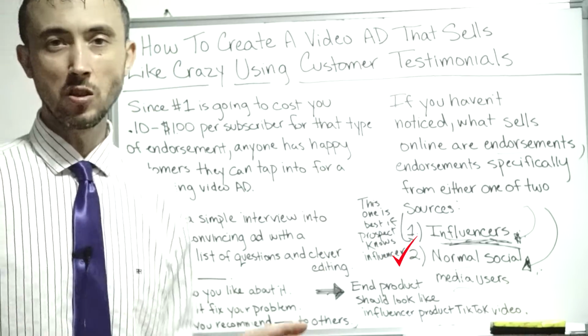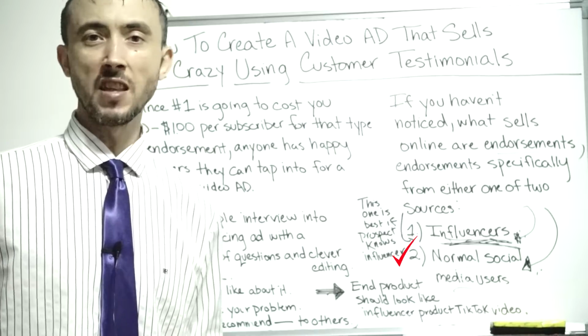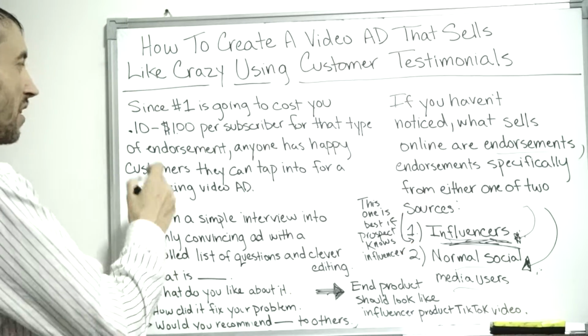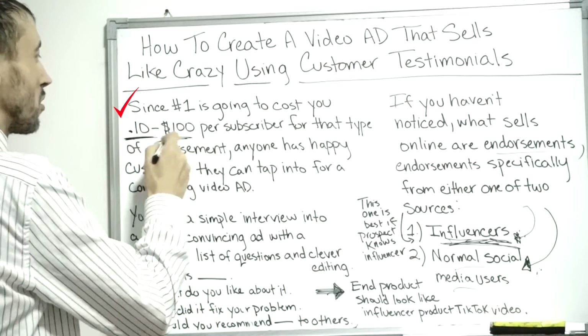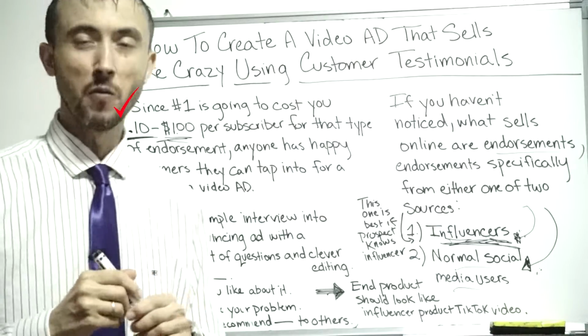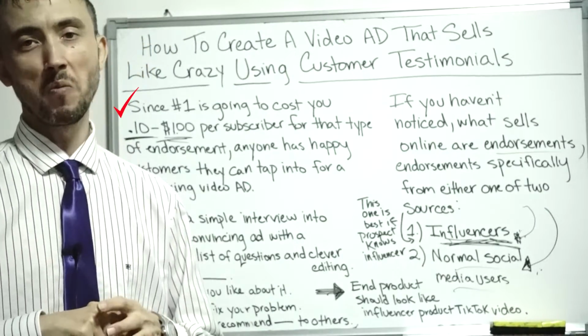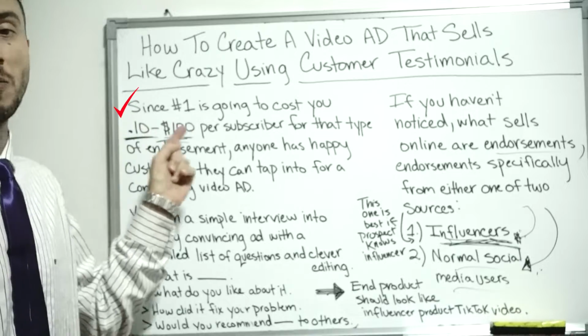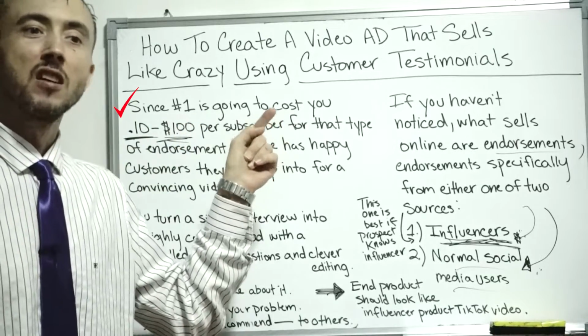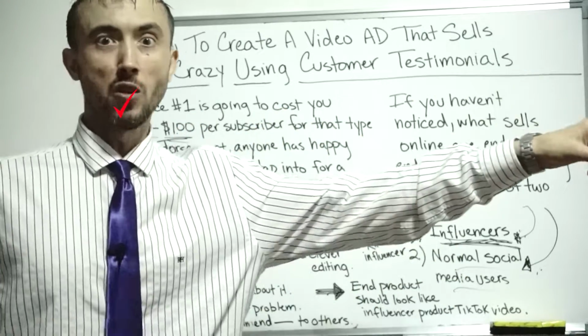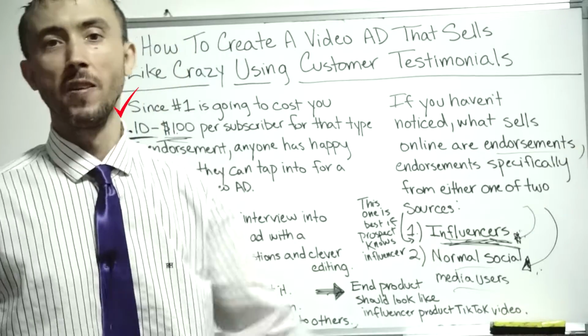And so they're not just going to do that willy-nilly for anybody who wants that kind of endorsement. From what I've seen, it costs about 10 cents to $1 per subscriber. If you're talking about YouTube, different platforms with different prices, to get somebody that's trusted in your space to legitimately say, you guys need to run out and buy this product right now.